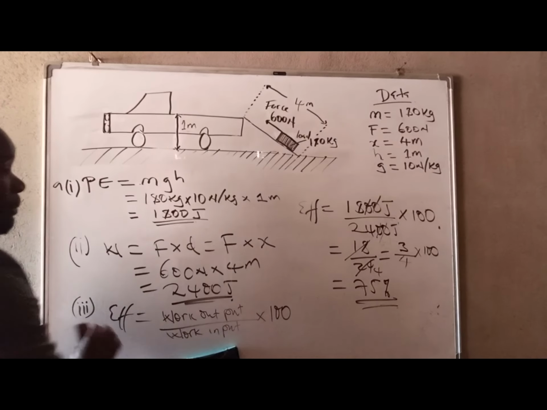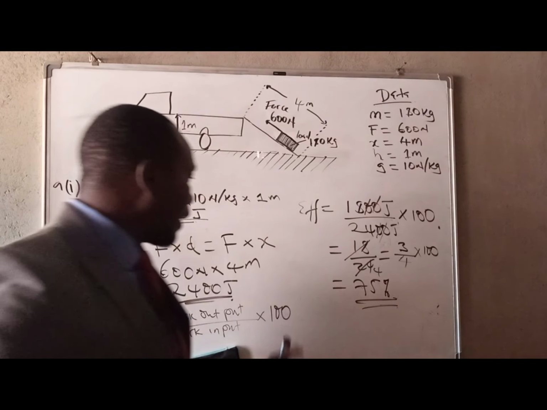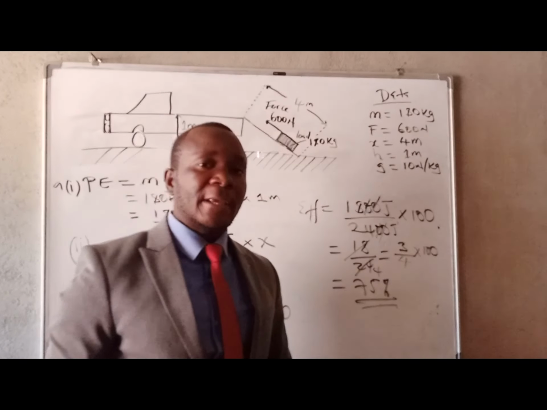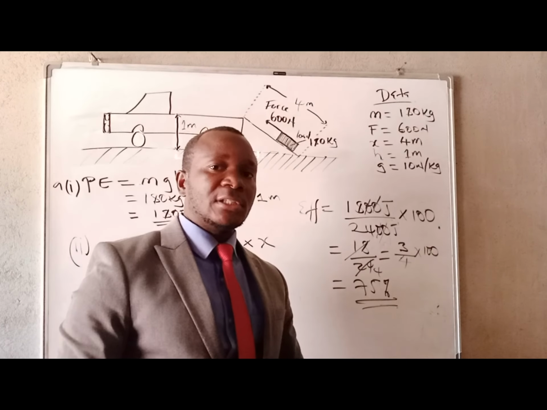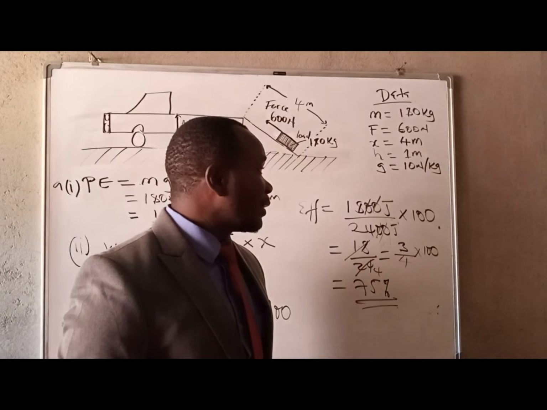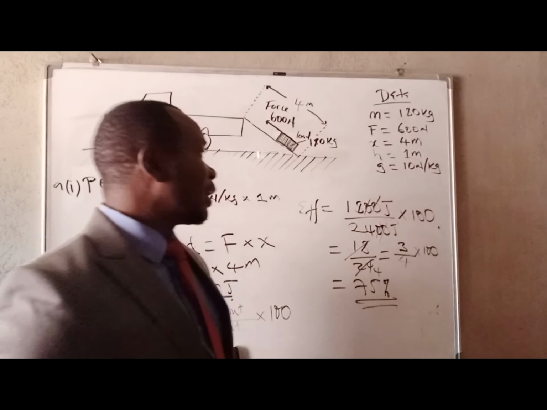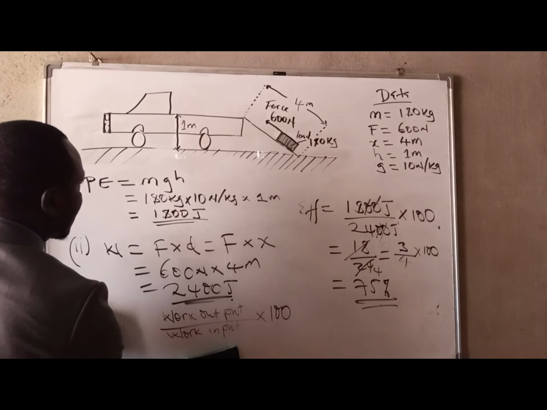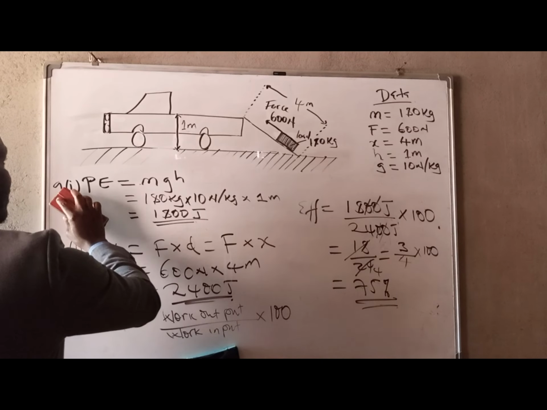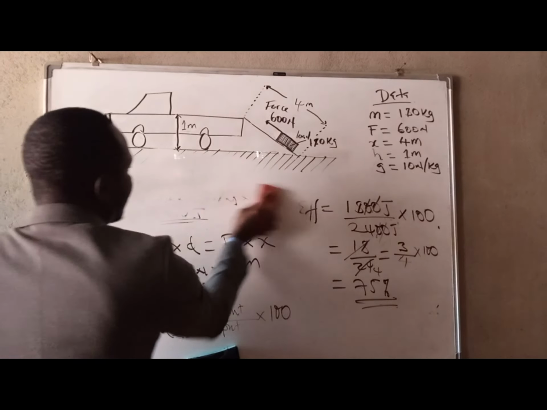Now we have the last part, which is demanding us to find the kinetic energy when it falls off the lorry and begins to go down, just before hitting the ground. So let me erase just this part.